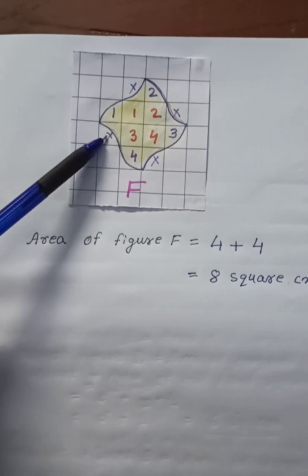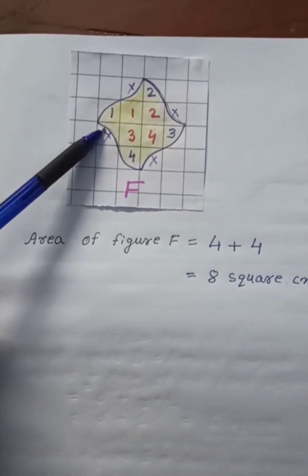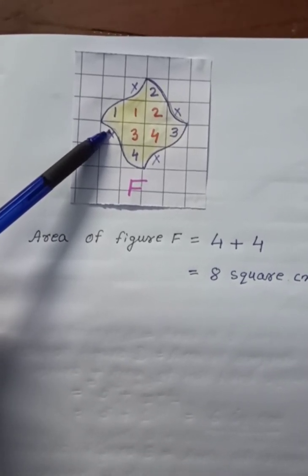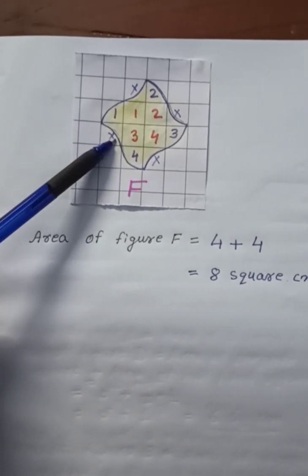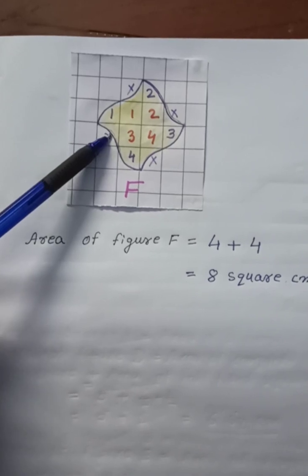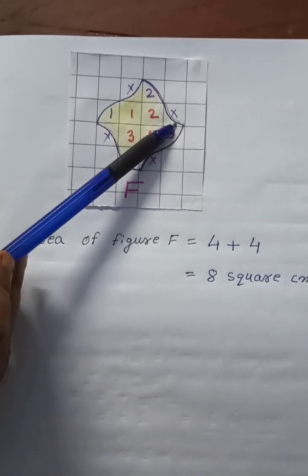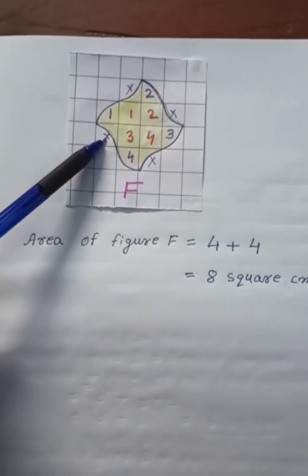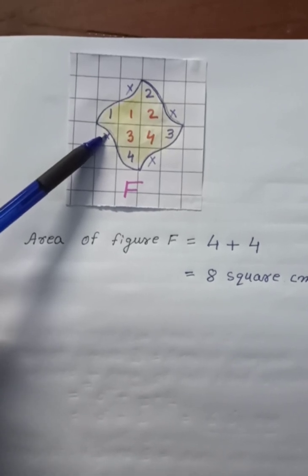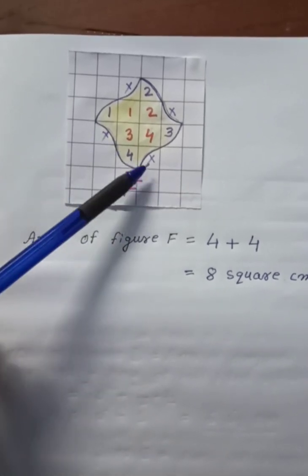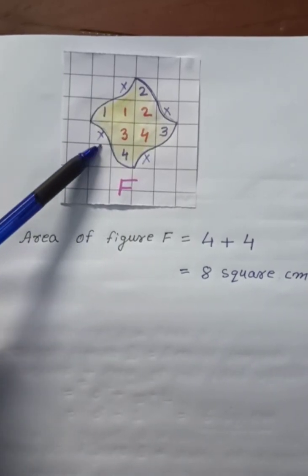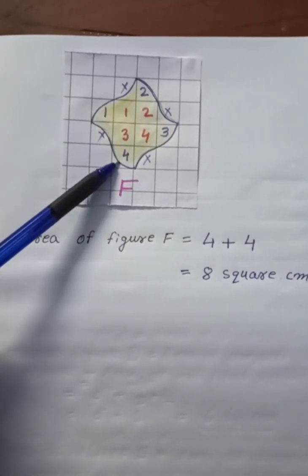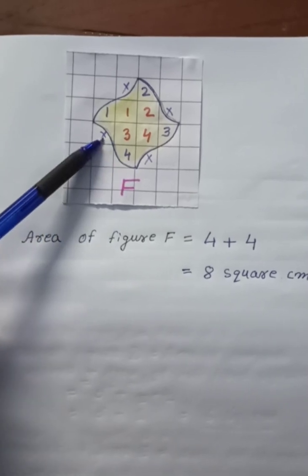Okay. Here is also so many shapes, so many less than half filled square. Are you seeing, children? This is less than half filled square. So what I told you, we have to ignore them. We will not count them. Okay. That's why I put here cross. And also you can see there are no any exactly half filled square.